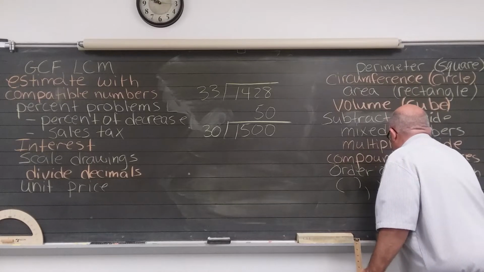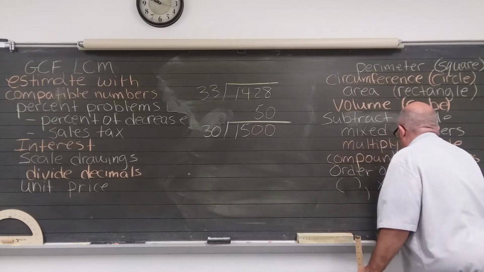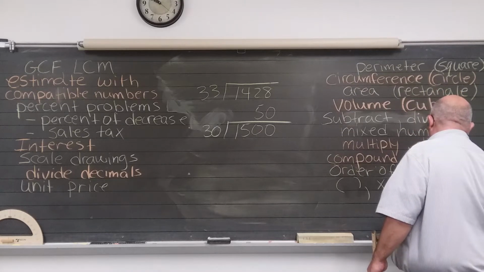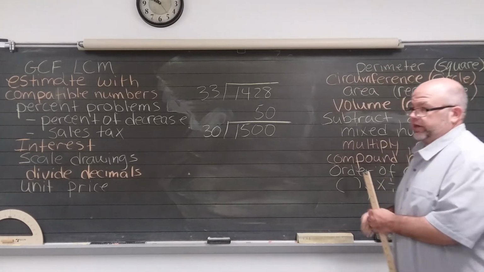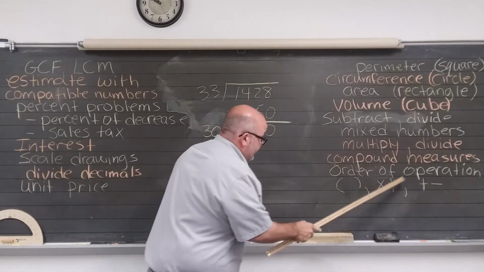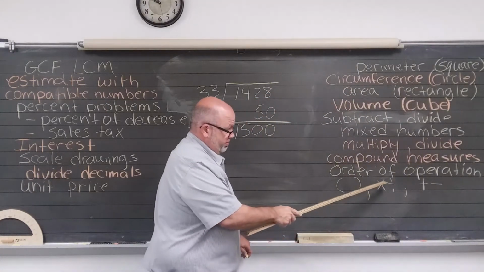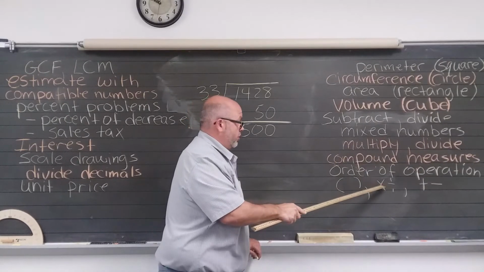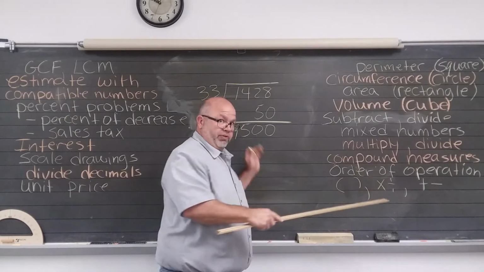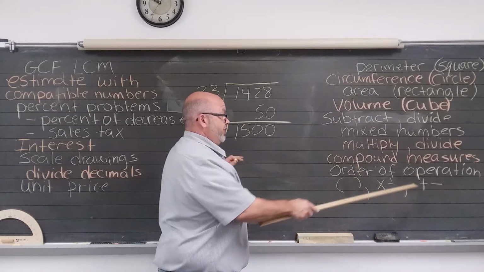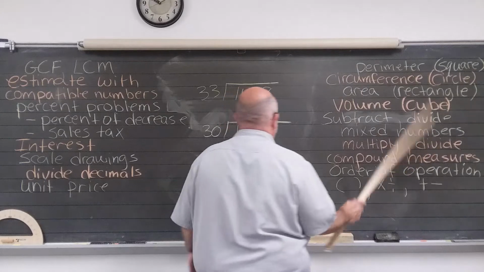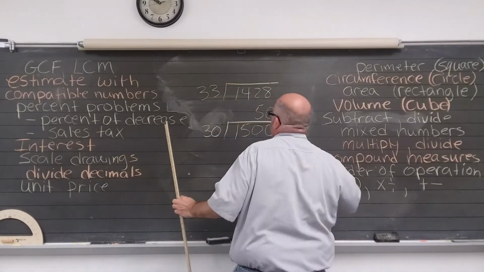And then you multiply and divide from left to right. And then you add and subtract from left to right. Okay? And this order right here, if there's a division problem before a multiplication problem, you do it first. So this is multiply, divide from left to right, whatever comes first. And then add and subtract from left to right, whatever comes first. Order of operation, remember that.